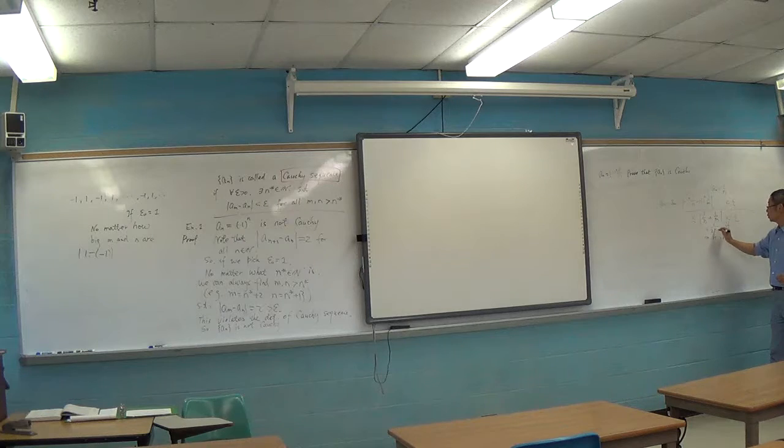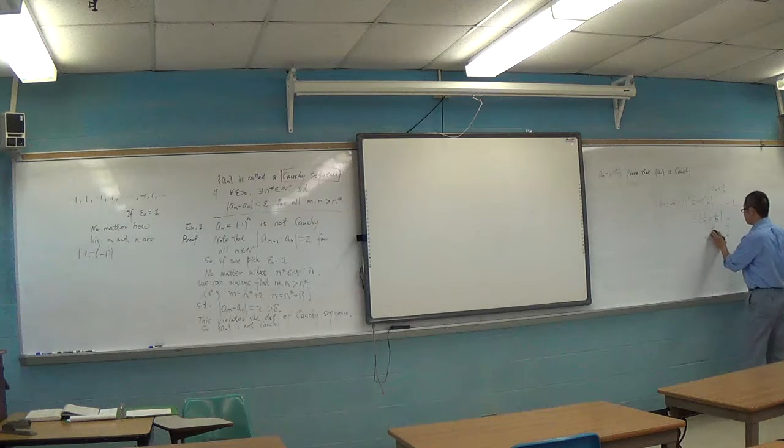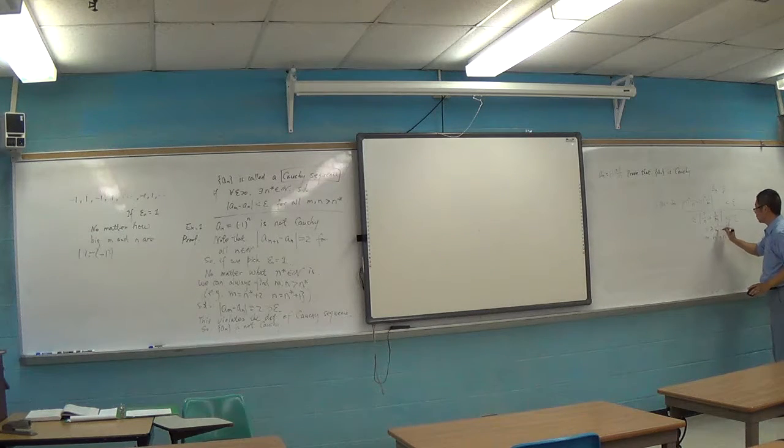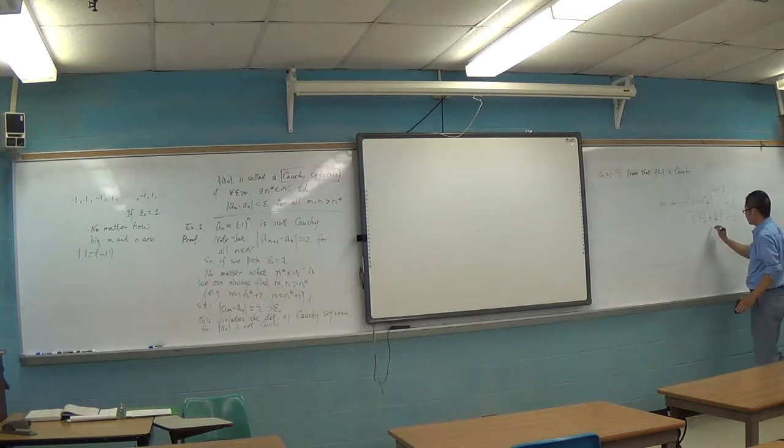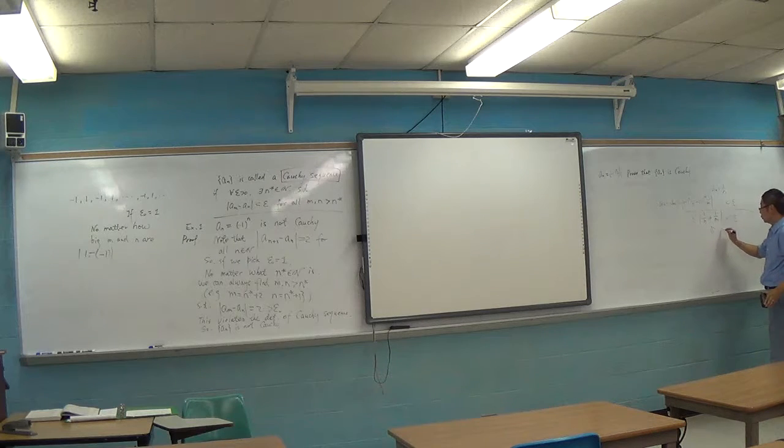This is less than or equal to twice 1 over the minimum of m and n, that is, 1 over the minimum of m and n plus 1 over the minimum of m and n.